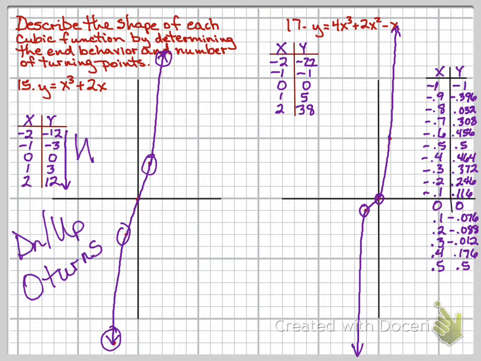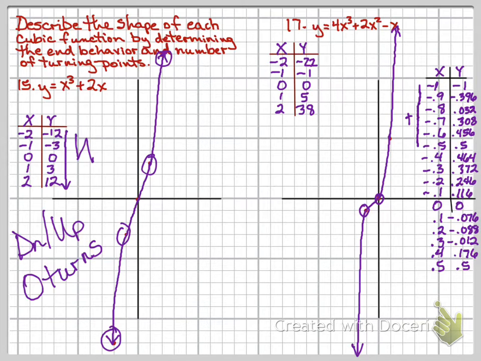Okay, so let's see. We start at negative 1. We go up to -0.3996, up to 0.032, up to 0.308, up to 0.456, up to 0.5. So that's going up, that's positive.